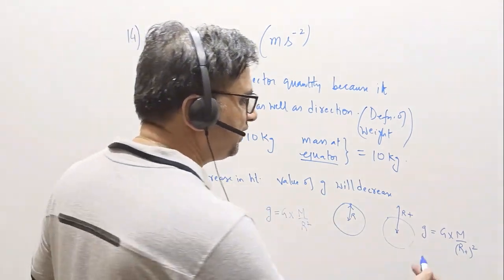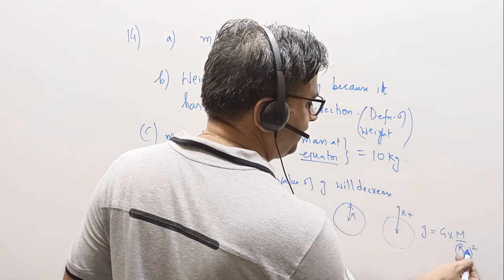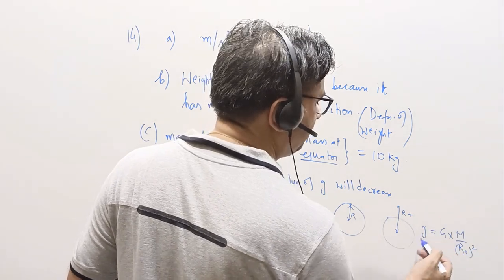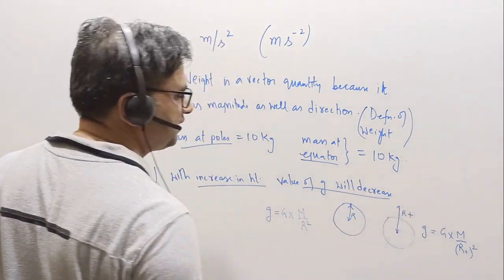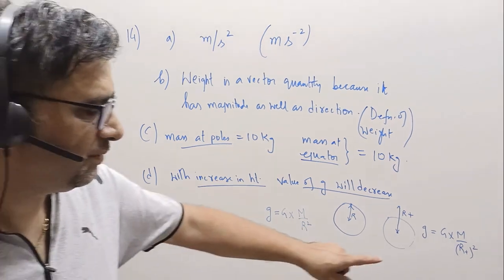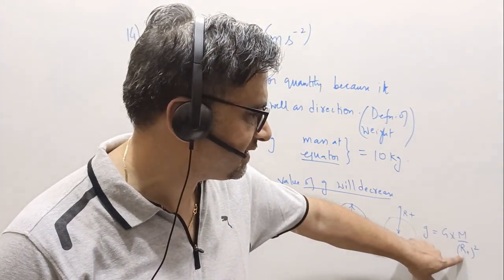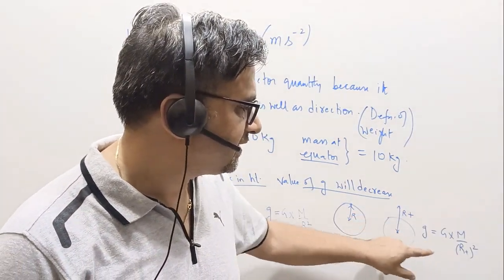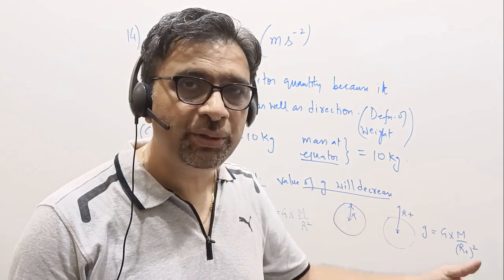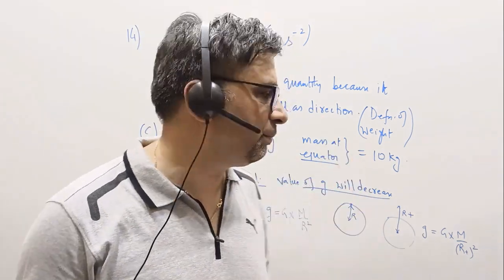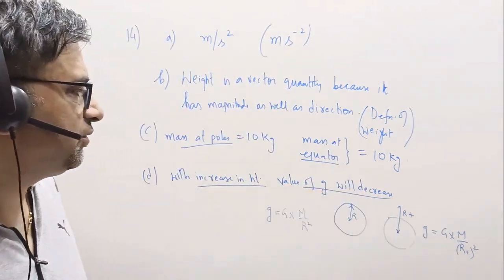And if the denominator has increased, this will definitely decrease. So with increase in height, the value of the acceleration due to gravity will decrease. I repeat here, because the distance between the object and the center of the earth has increased, which means the denominator has gone up. So the fraction will come down, and therefore the acceleration due to gravity will decrease.